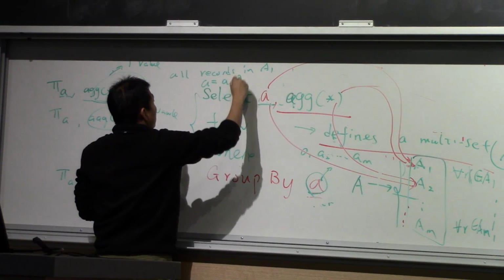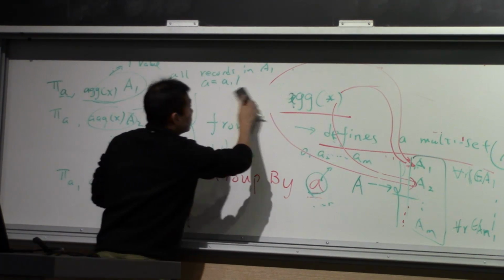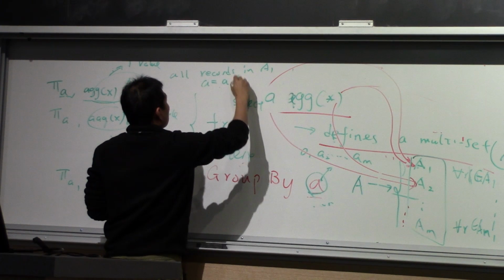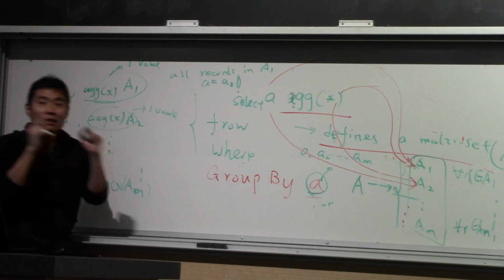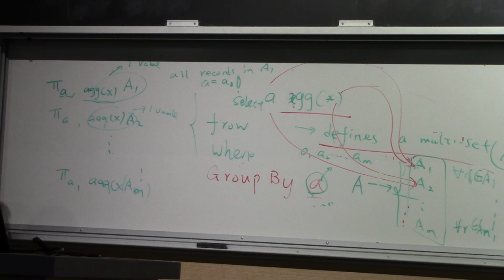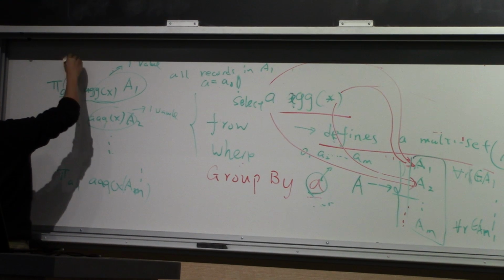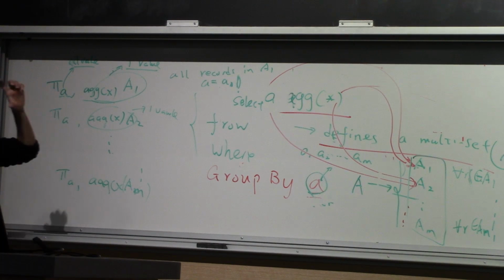Meaning that they're going to have the same value on this attribute. After the projection, you remove duplicates, and it reduces to what? Just a single record. So this is still one value. You have one value here, one value here. You get a pair of values as output for this group.